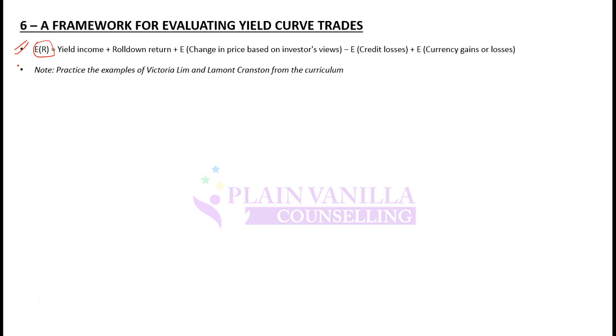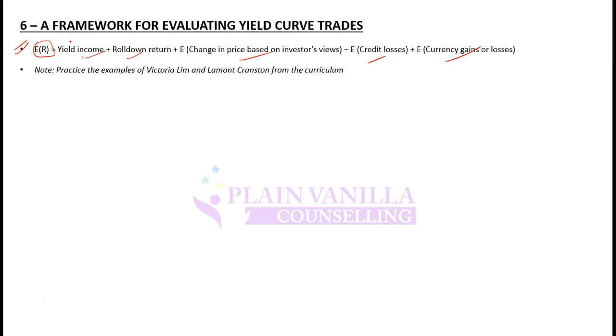It can be your views about the future movement. Why? Because you will be taking positions or selecting strategies based on your views about the future movement. That would again have an impact on your return. Yield and roll down are basic, but then you have many others. There can be credit losses, so your borrower can default. If you are investing in a different currency, there can be currency gains or losses as well.